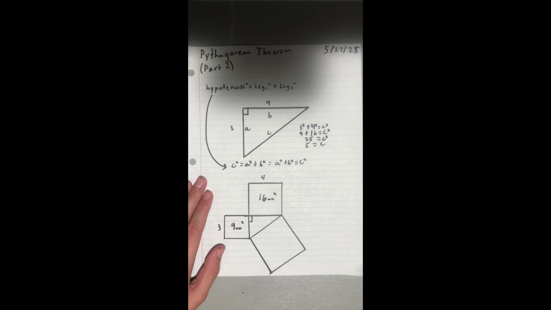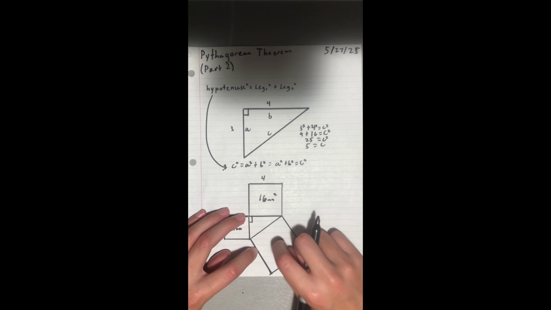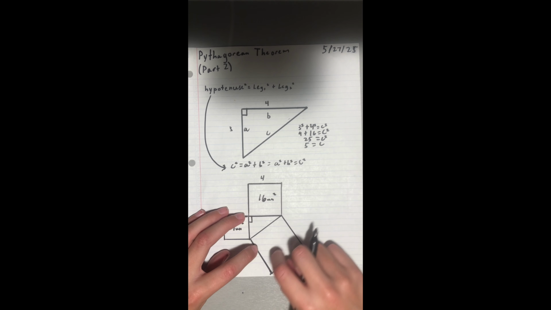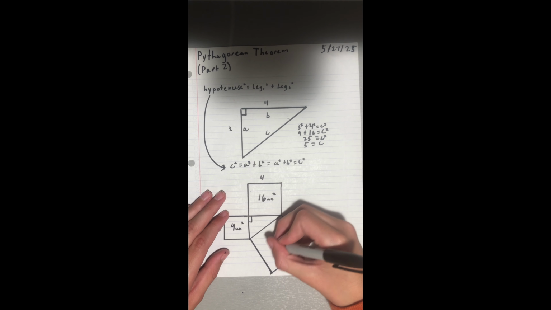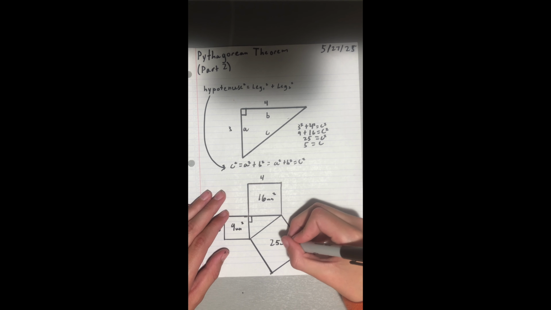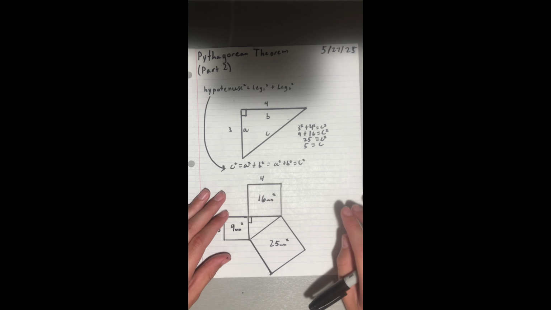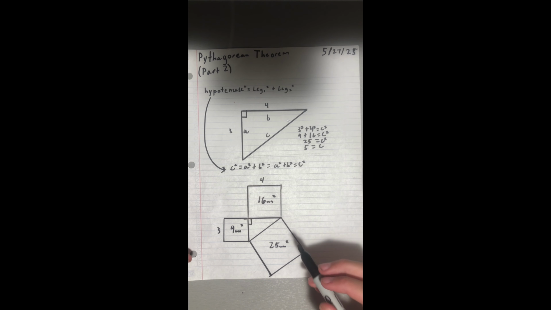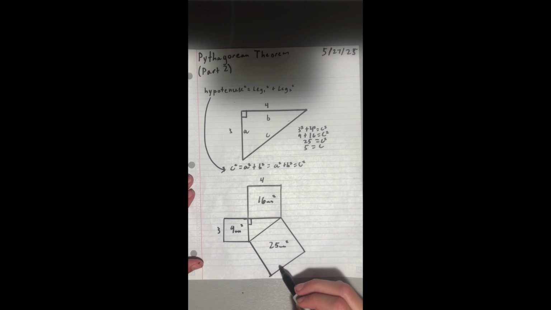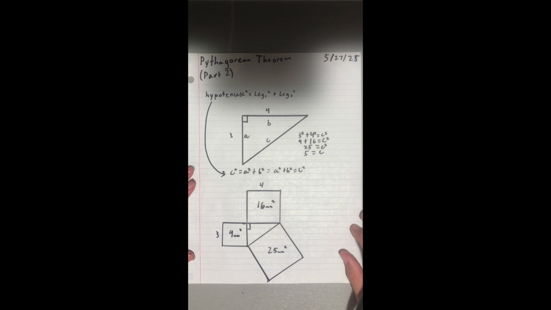So we can show that if we add these two squares, it should be equal to the area of the big square. So 9 plus 16 would be 25. So the big square, or the hypotenuse squared, is equal to 25 units squared. So now, in order to find the hypotenuse, we must find the side length of the square with 25 units as its area.